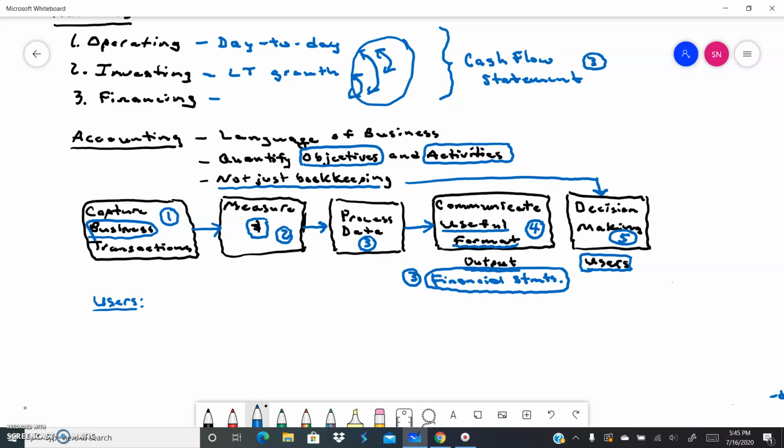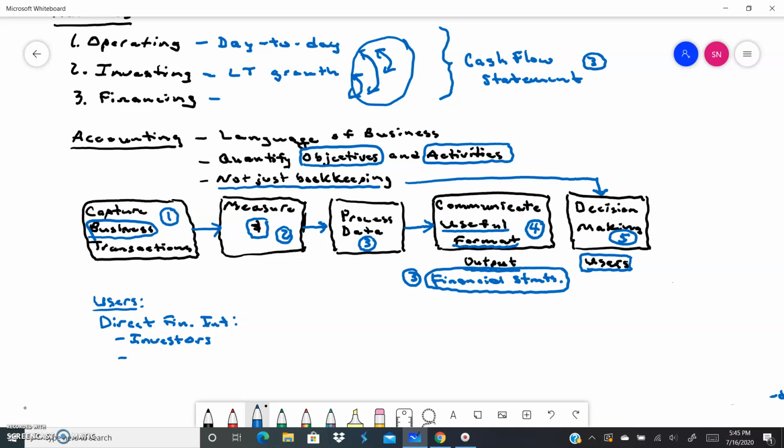First of all, there are users who have a direct financial interest. In other words, people who have money directly invested in the company. So here we would have investors, people who are buying, let's say, the stock of the company, or the owners who are investing money into the company if it's not a corporation.